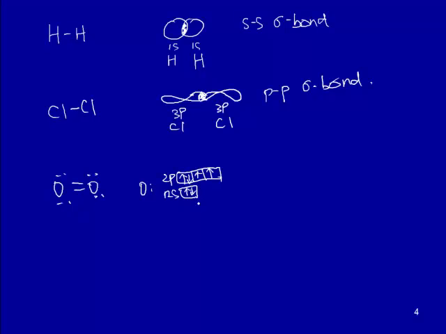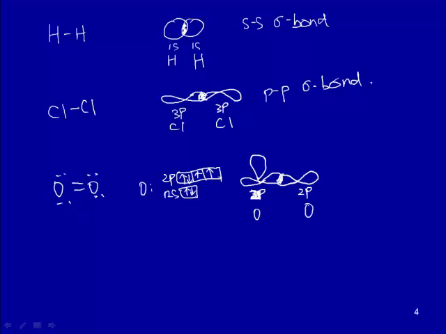One of these forms the sigma overlapping. I'm sorry, this one will be 2p, and the other one is the 2p from the other oxygen atom.